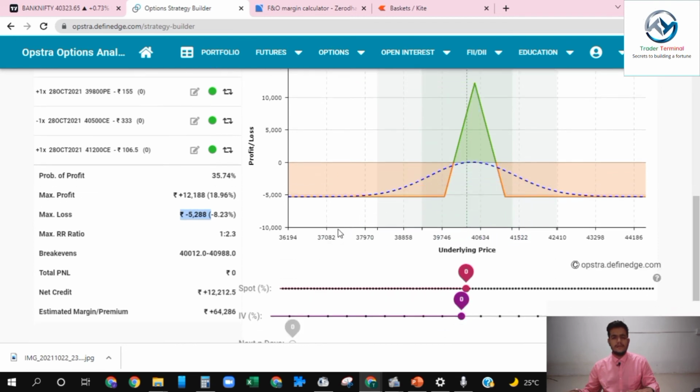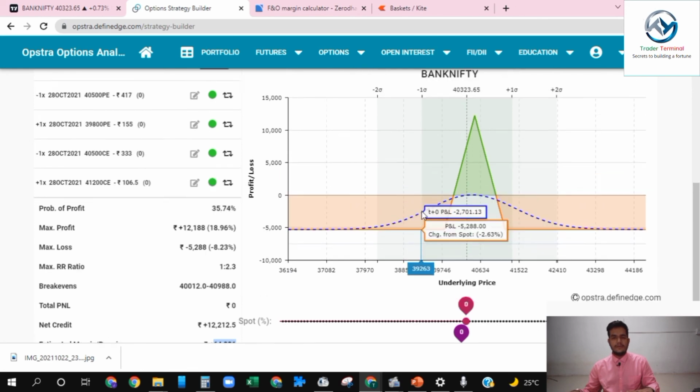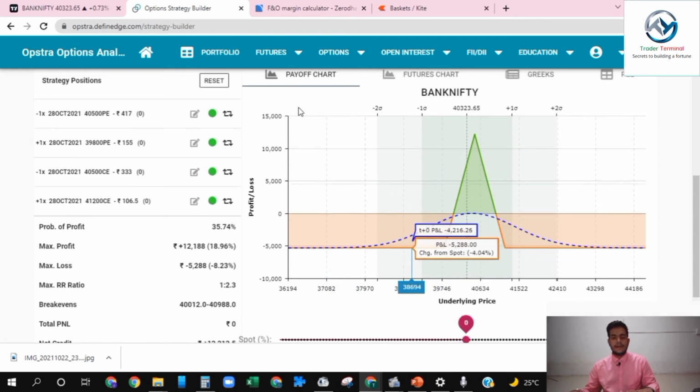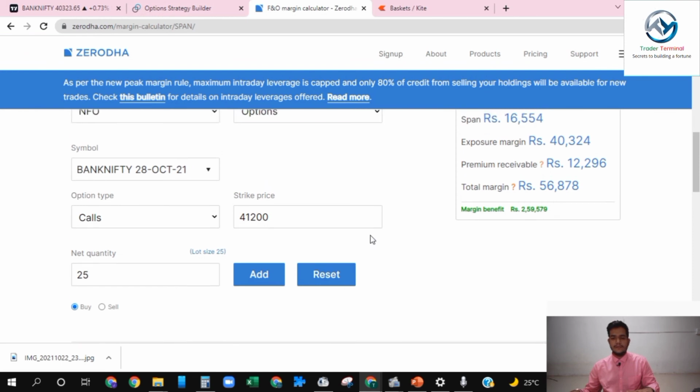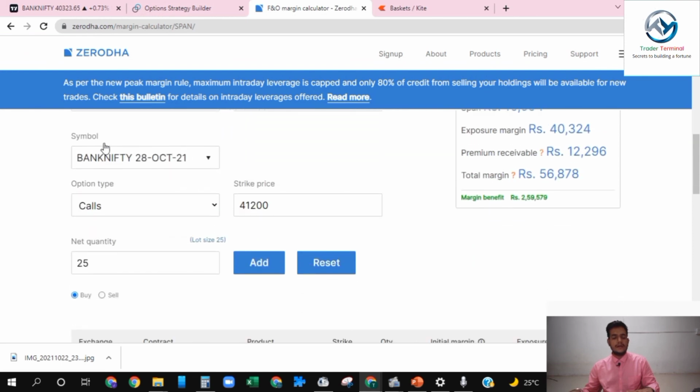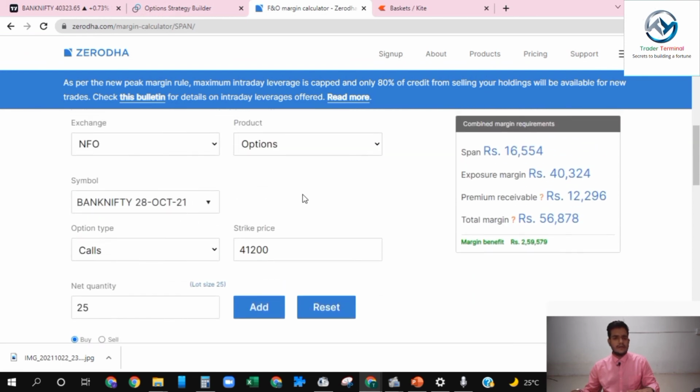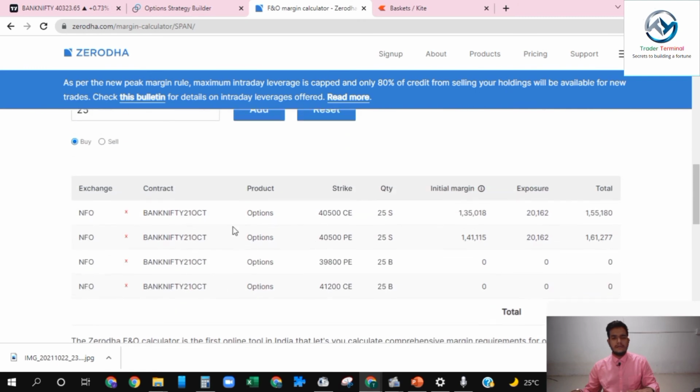And what is the margin we require? You can see the margin required is around 64,000. We also calculate this margin for one lot in the Zerodha margin calculator. So I have opened the Zerodha margin calculator. Here I already added all the puts and calls.